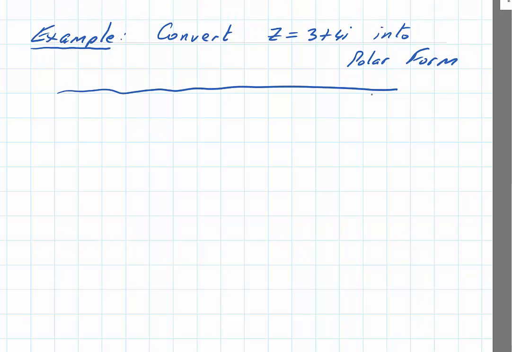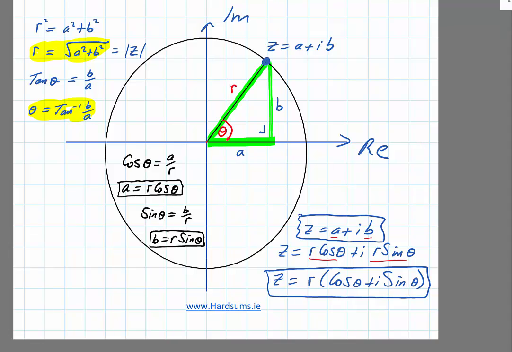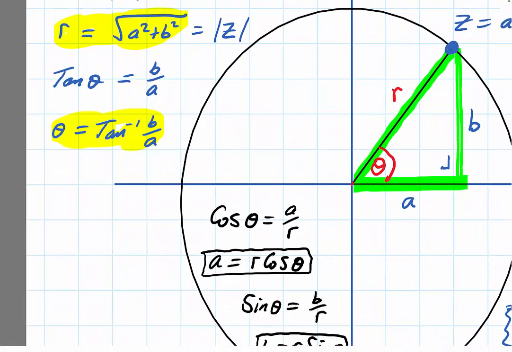So here's how we do it. We follow the steps I outlined earlier. Two important things to get here are the modulus and the angle. So the modulus of z, I should mention at this stage, if you just go back to the previous slide for 1 minute, that angle is sometimes called the argument of z as well.